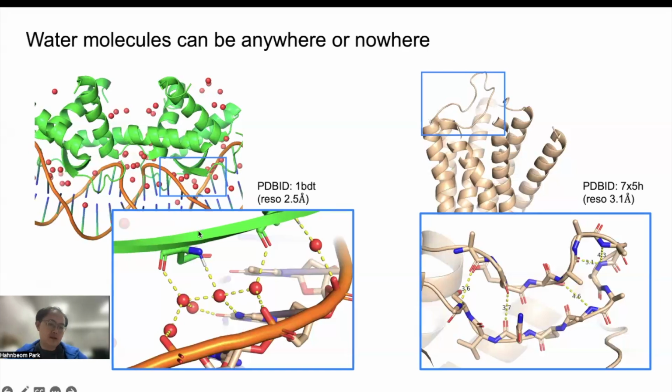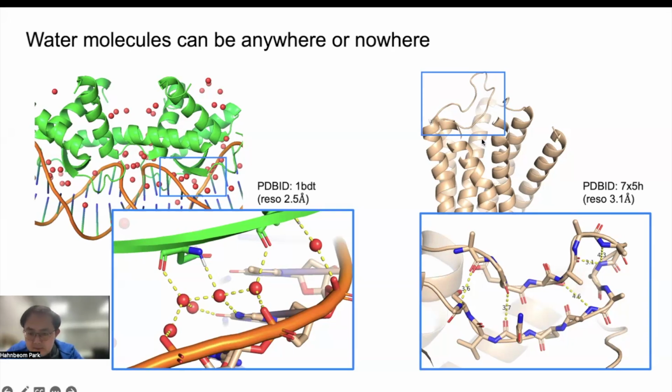So if you're lucky, then you'll see these kinds of water molecules that are ordered. But if you're unlucky, then you cannot see them, even though they are ordered water molecules. Especially that happens when the resolution gets worse and worse. And if the resolution is like 3 angstrom or more, it becomes hard to see water molecule density, even if they are ordered.